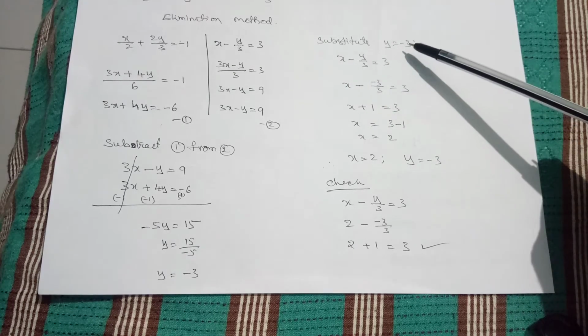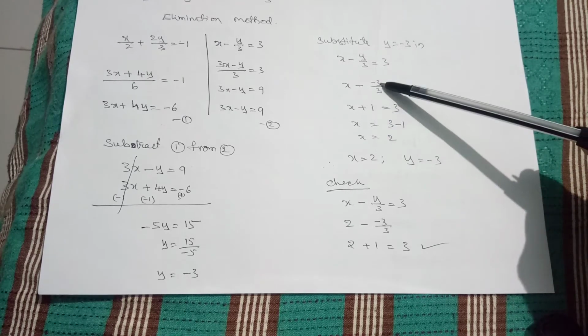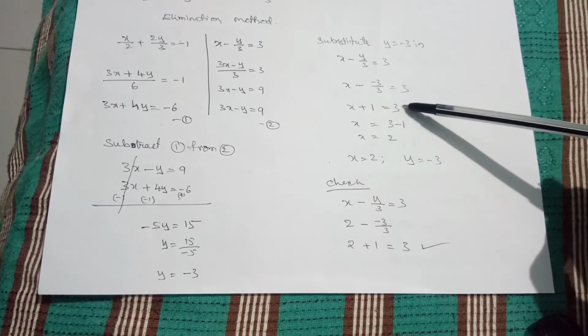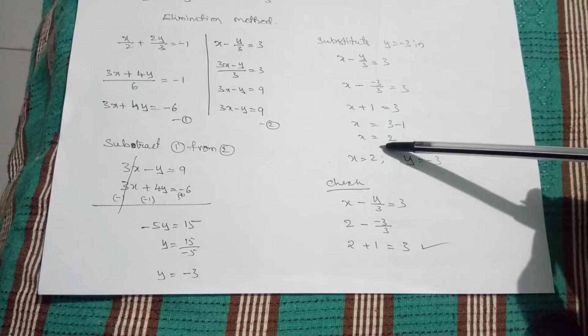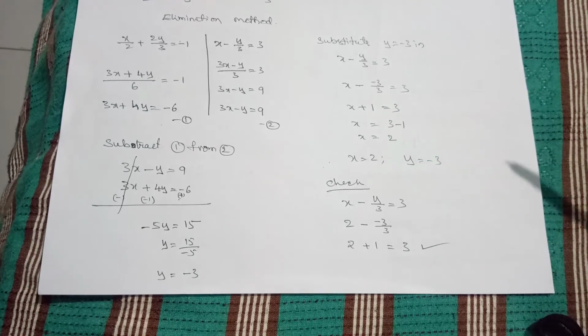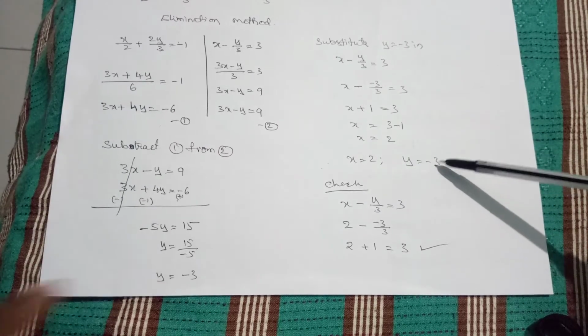In place of y you keep minus 3, and minus of minus becomes plus, 3 by 3 is equal to 1, and plus 1 comes to this side, becomes minus 1, and x is equal to 2. Therefore x is equal to 2, y is equal to minus 3.